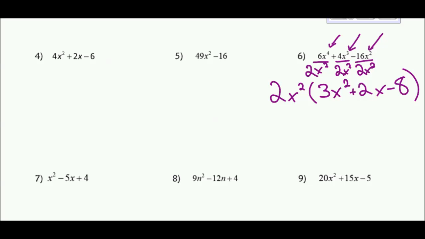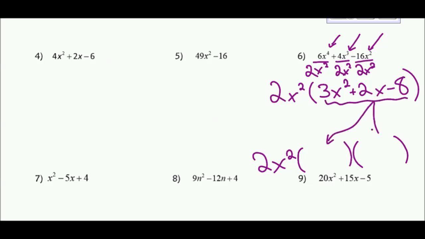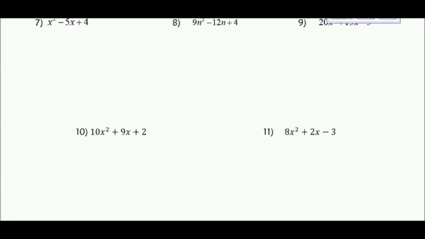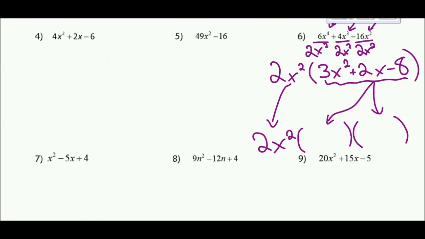When you get a final answer, it's going to look like this. Whatever factors you get from this, the GCF just stays out in front. Finish that problem. Then do numbers 10 and 11. All right, so you're going to do 6, 10, and 11.